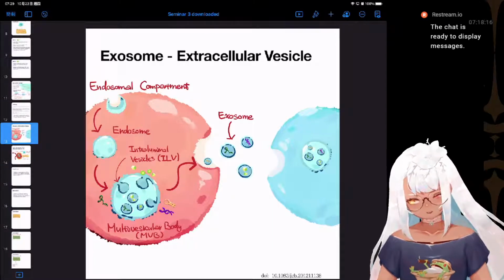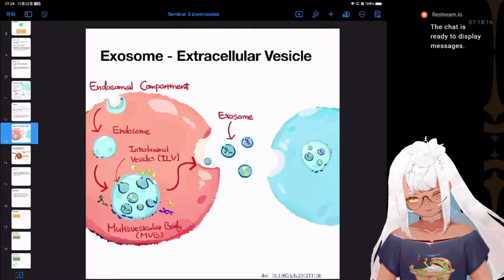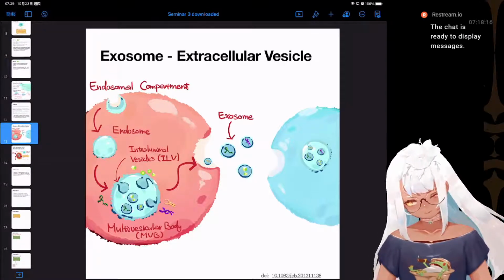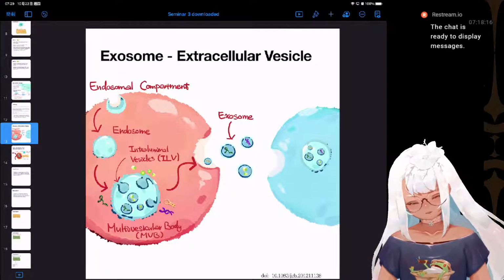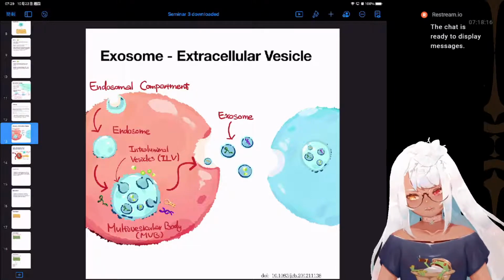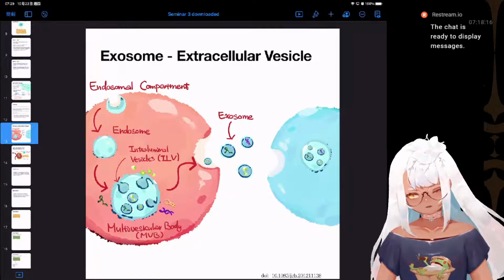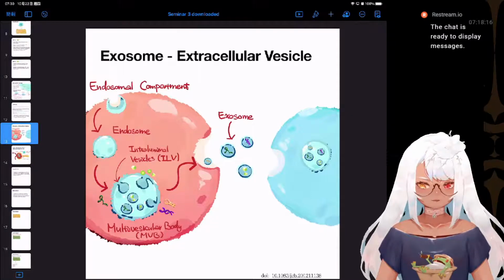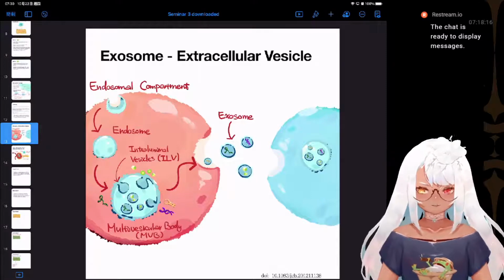So the whole thing is called a multivesicular body, MVB, and the vesicle inside this multivesicular body is called ILV, intraluminal vesicle. When the MVB fuses to the membrane of the cell, the ILV will be propelled out of the cell in the form of exosome and be received by the recipient cells.